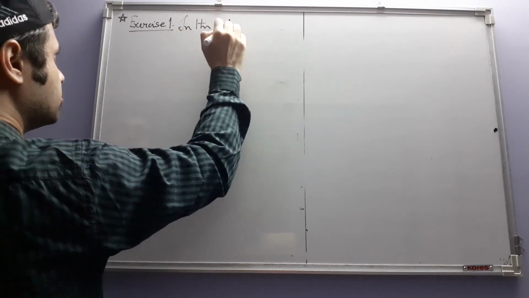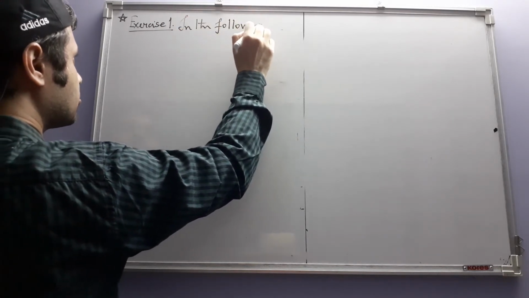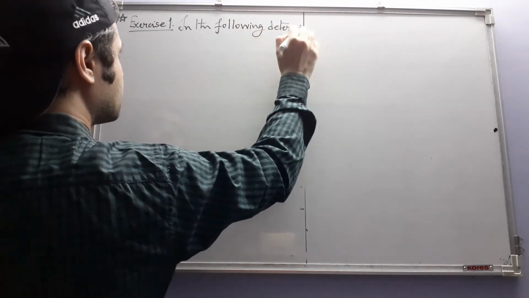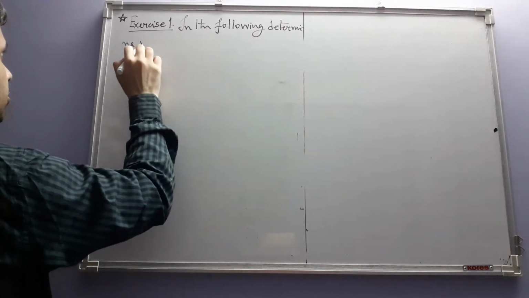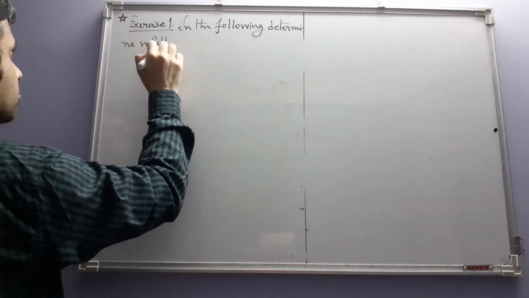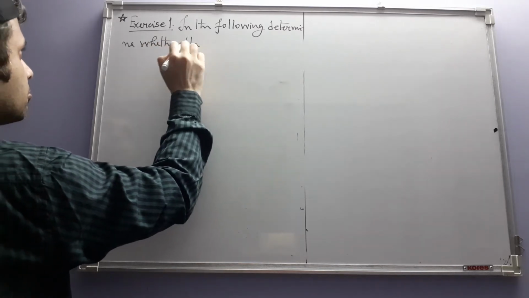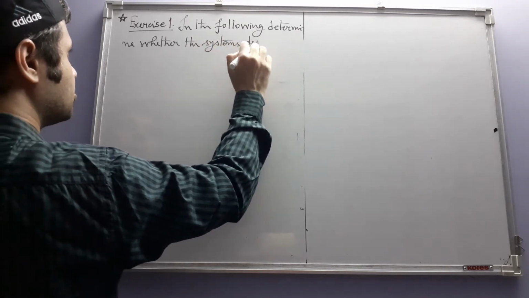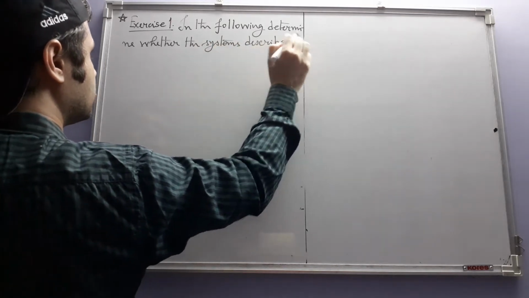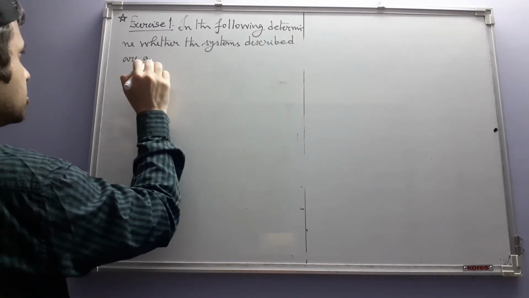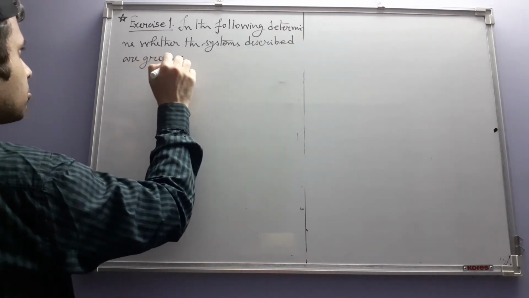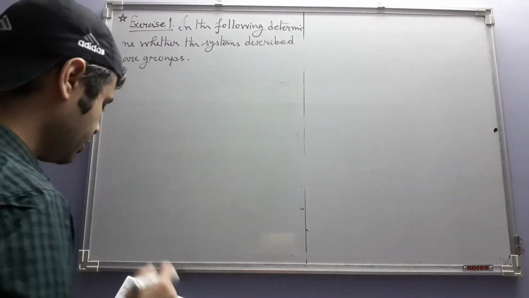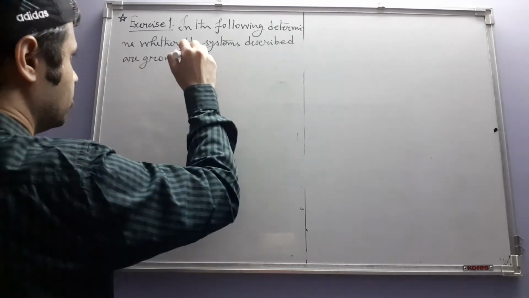In the following, determine whether the systems described are groups. What more, if they are not, point out which of the group axioms fail to hold.